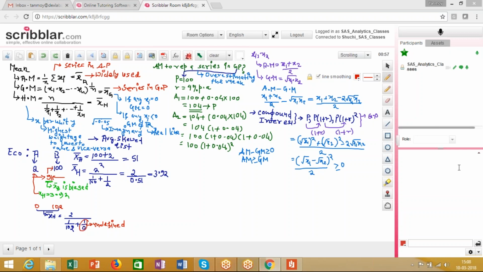Now let's see an example as to where this average behavior comes in so handy and what the different ways of computing this average are. Let us say I have data on income and consumption.